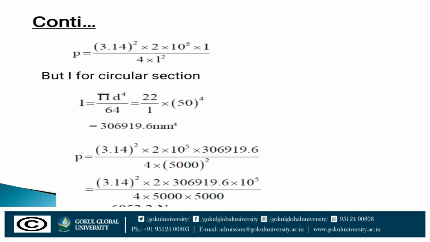Putting in the equation, P is equal to 3.14 square into 2 into 10 raised to 5 EI upon 4 into L square. For I of circular section, moment of inertia is pi multiplied with d raised to 4 upon 64. After putting the value, we identify the I and put it in the equation. So finally we got P as 6052.2 Newton.